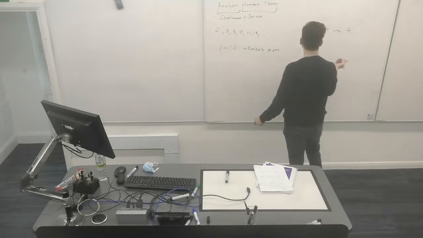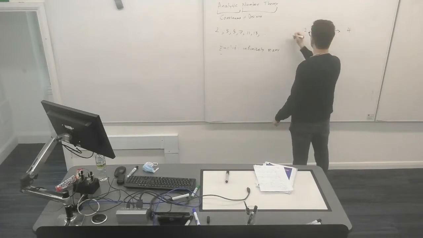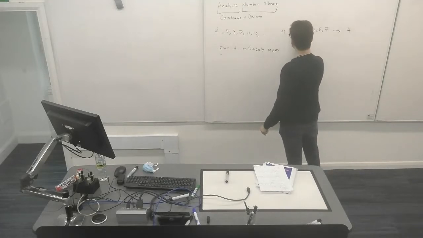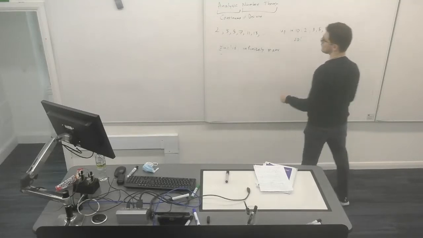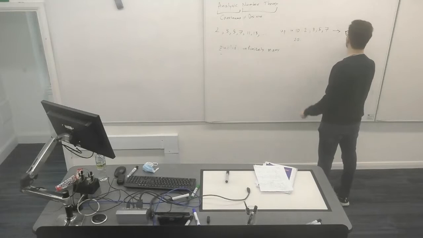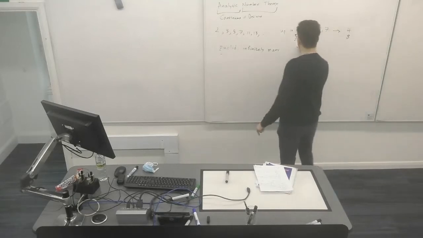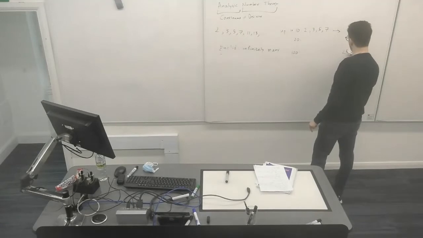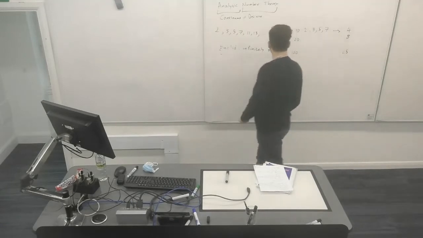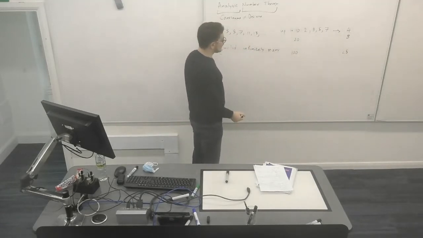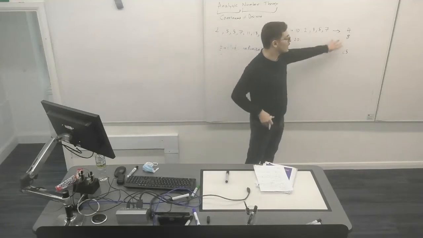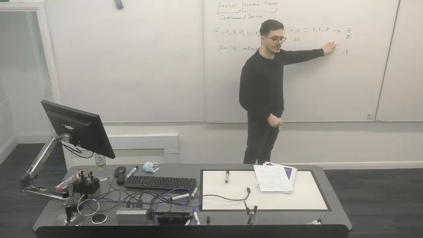You can go on and say that up to 20 you have 8 primes, and so on, and up to 100 you have 25. So I guess people were interested to find the pattern in how that number grows.